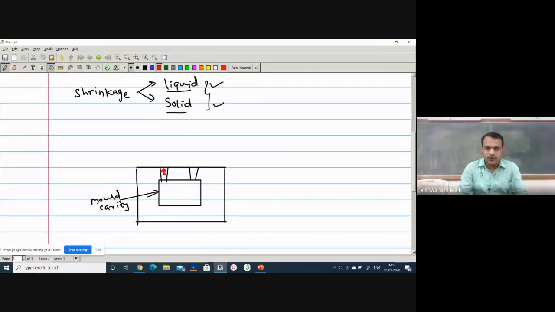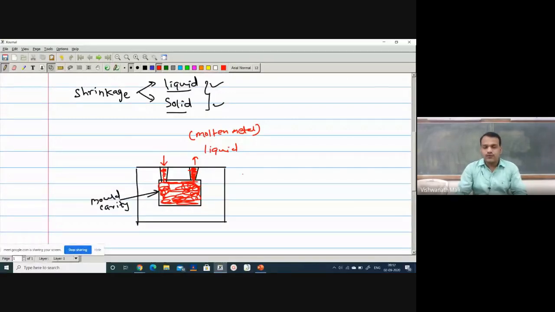So we are pouring the molten metal, so it is getting filled, and it will rise in the riser. So we are filling and it is rising in this. Now it is in the liquid stage, meaning it is molten metal, just poured.